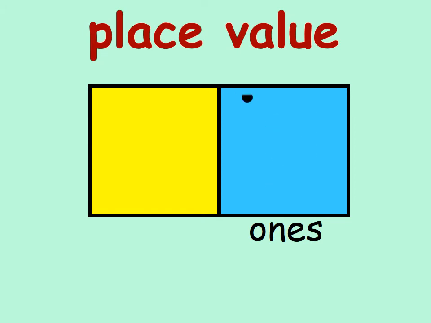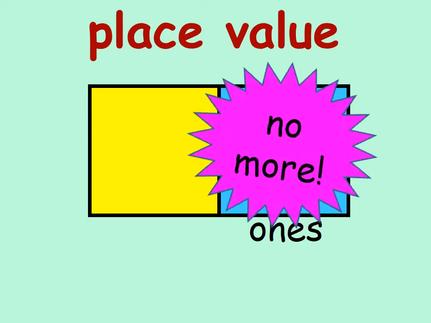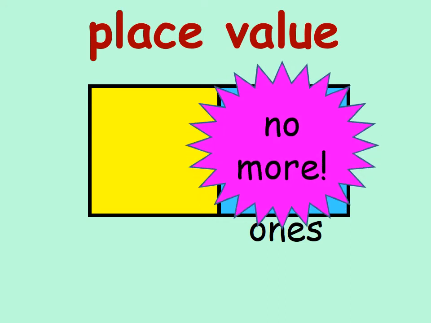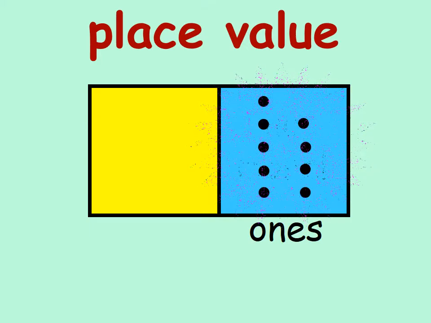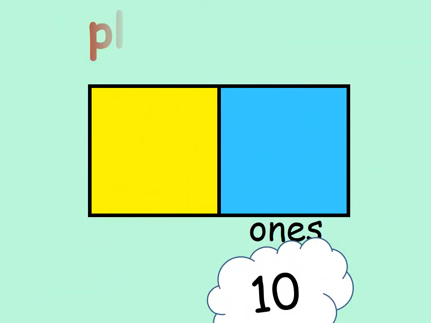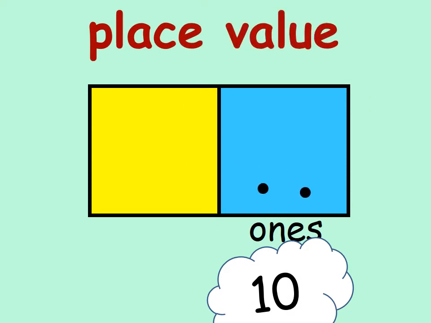And if we had 9, how many dots? 2, 3, 4, 5, 6, 7, 8, 9. That's right, that's the most we can have. Remember that? No more. 9 is the most. Well, today we're going to find out what happens if we have 10.